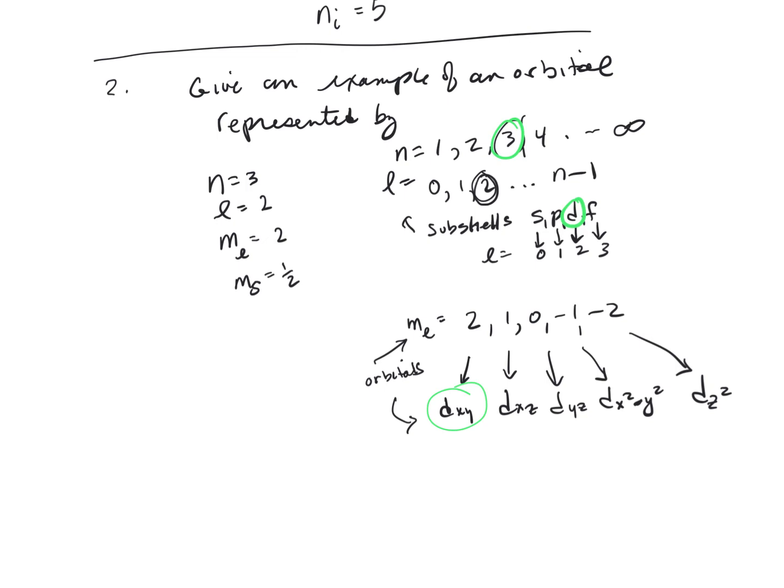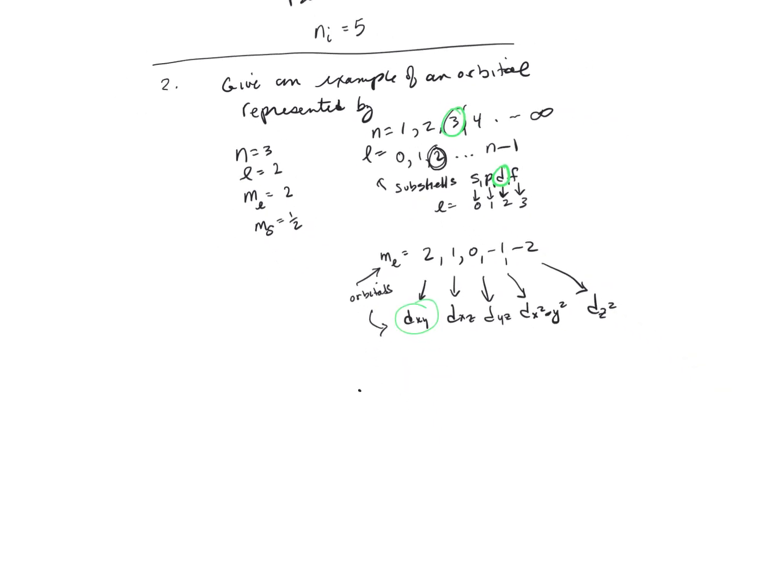So then the orbital represented by these 4 quantum numbers is going to be 3dxy. Now, the last quantum number indicates that there are 2 electrons that will fill into this 3dxy orbital, and one spins clockwise, the other one counterclockwise, and the number representing that is a half and negative a half. So you don't put it into the orbital designation, but you know that there are a maximum of 2 electrons that can fill into that.